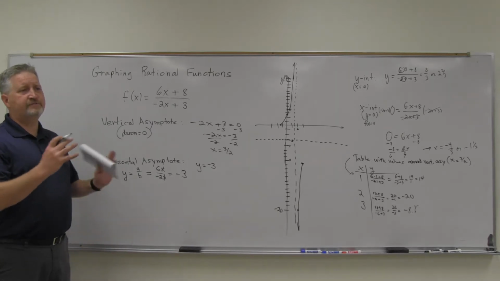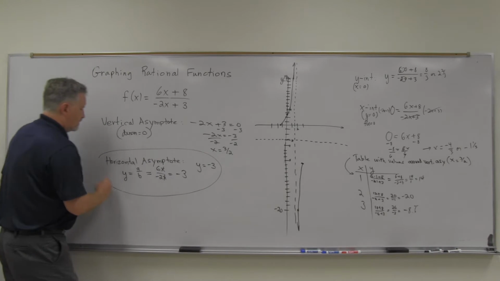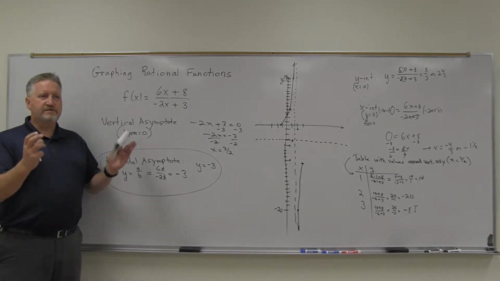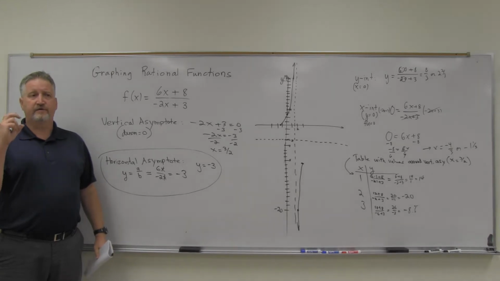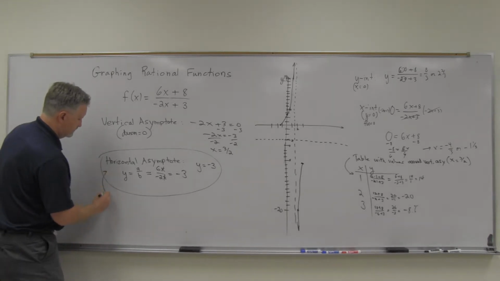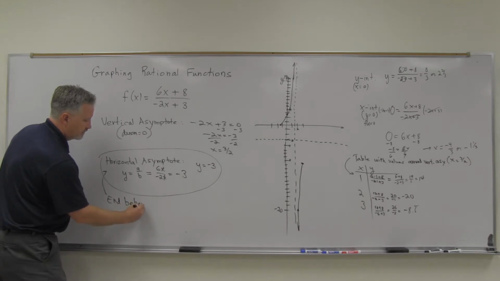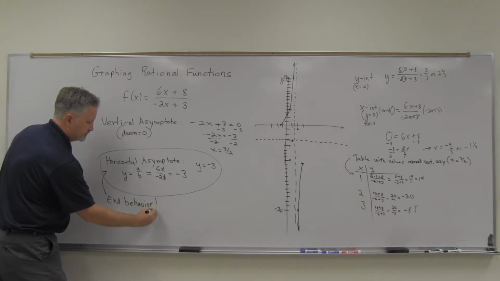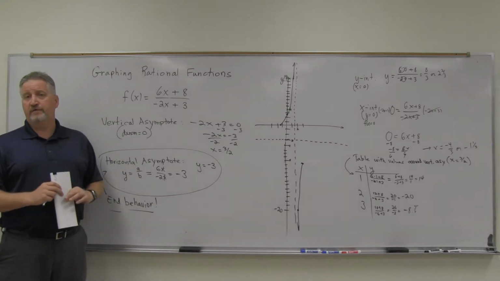Now the other thing, the reason we drew in the horizontal asymptote, remember what I said on that was the horizontal asymptote, what that tells us about the rational functions, that tells us about the end behavior. The horizontal asymptote gives us our end behavior for rational functions. It's what's going to happen on the ends.